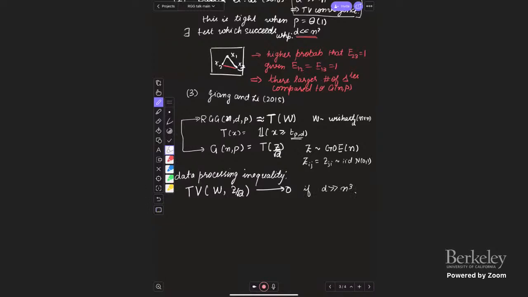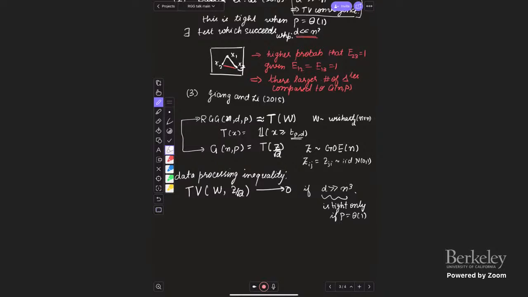Okay, this seems like an almost complete picture and everything is already known, but why do we need our work? Okay, there is a catch here. This threshold is tight only if we have the dense regime, that is, if p is theta 1.